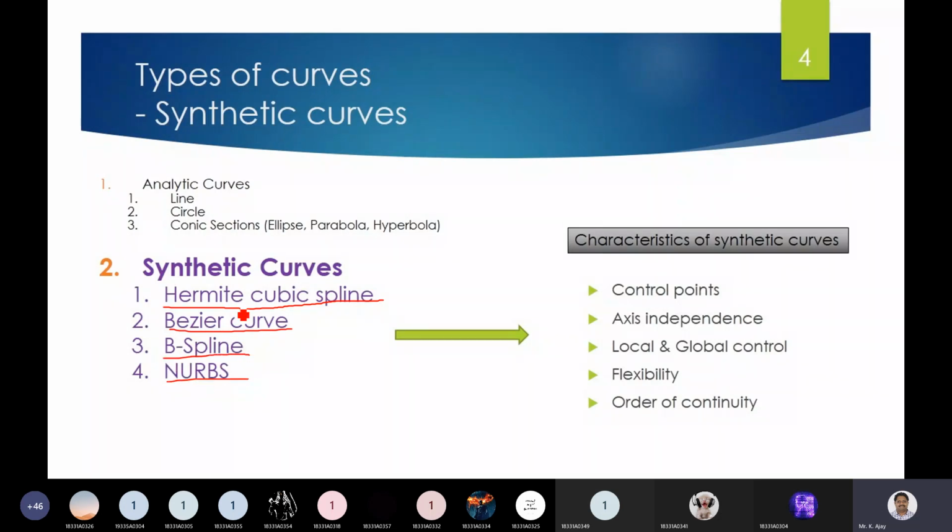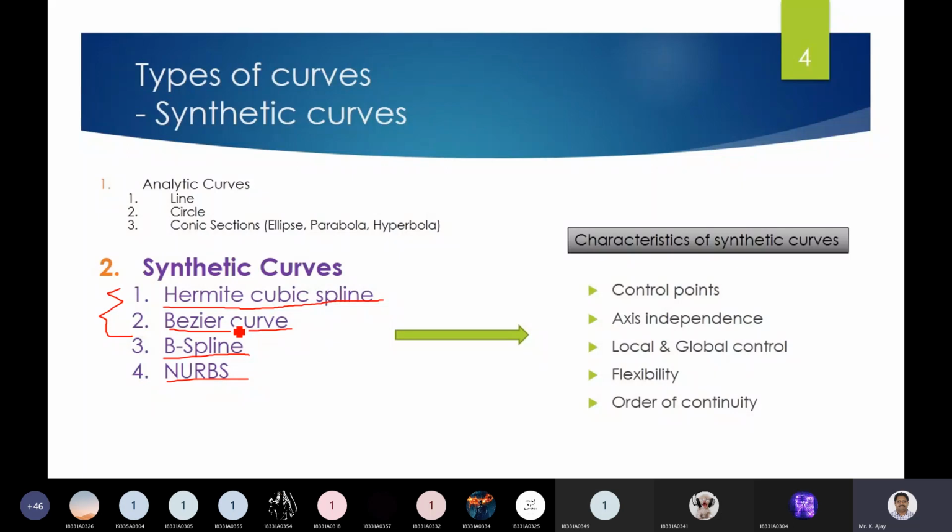Of course, we may not discuss all four curves in detail, but I will try my level best to discuss the first two with more examples. And if time permits, then we can discuss B-spline and NURBS also. But if you can learn the first two parts, then the third and fourth you can easily understand.